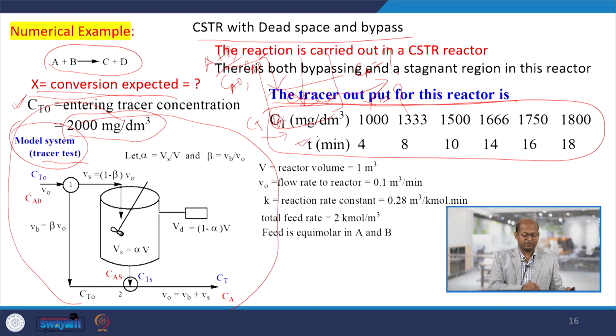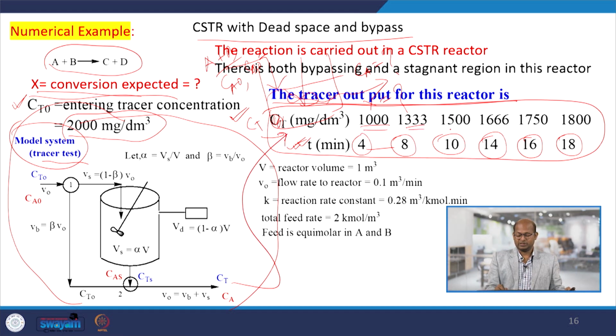So, we are not going to conduct the reaction here, only the tracer test, and from the tracer test we can get tracer concentrations at different times. So, let us say times 4, 8, 10, 14, 16, 18 minutes. We are collecting the tracer from here at different time intervals, measuring the tracer concentrations, and getting exit tracer concentrations like this.